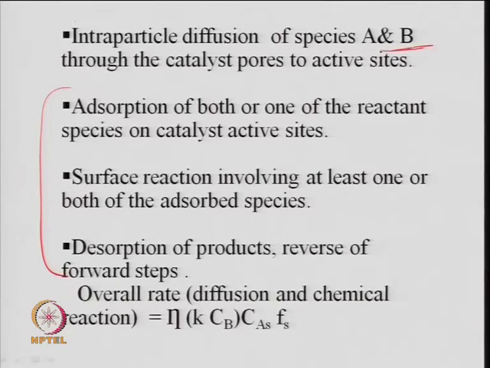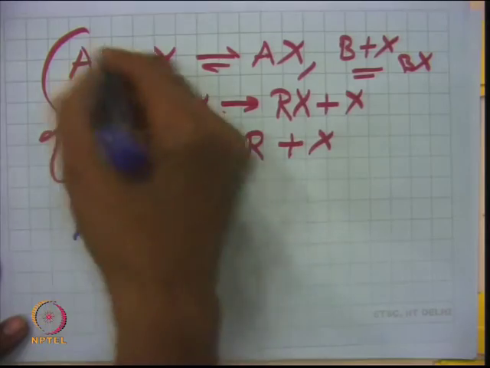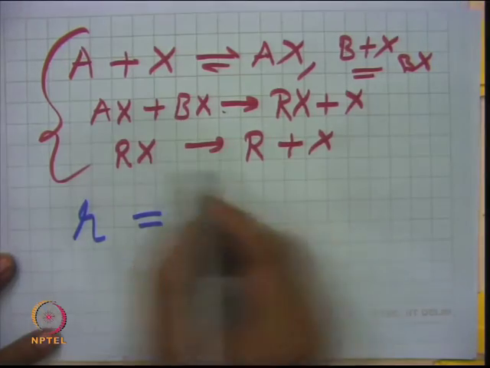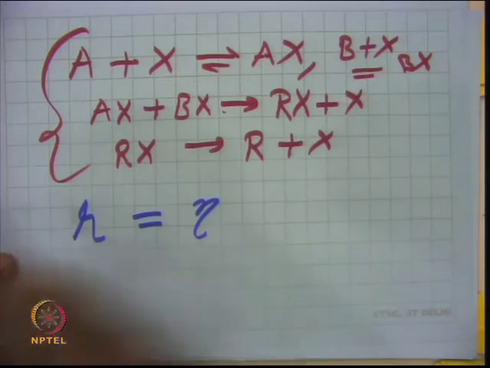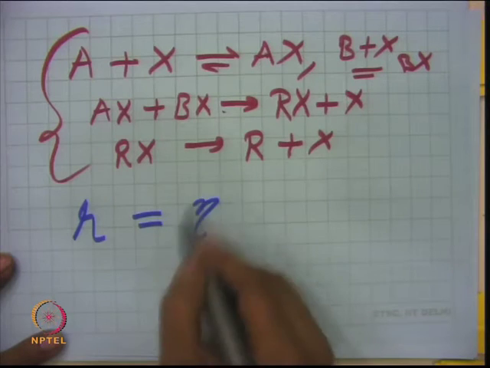All of these, the diffusion and the chemical reaction, can be clubbed together, and one can write the diffusion effect in terms of the effectiveness factor. So, eta is your pellet effectiveness factor. What is written here? The overall rate because of diffusion and chemical reaction is equal to eta times the rate for the main reaction, because this is contributing the diffusion.